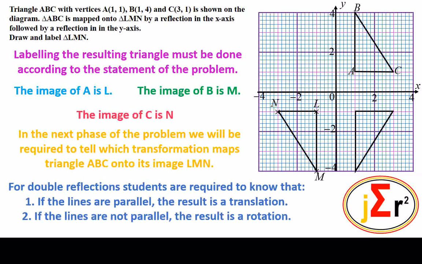So that should not be too much of a problem if we did not know ahead of time. But because we know ahead of time that if the lines are parallel, the result is a translation, but they are not parallel. If the lines are not parallel, the result is a rotation. So we know ahead of time that the result is a rotation, even without checking the orientation of the two triangles.